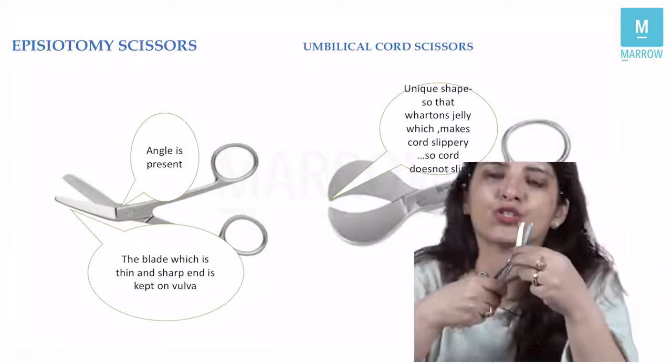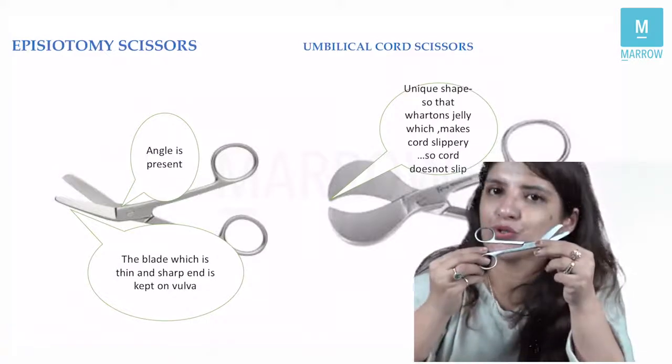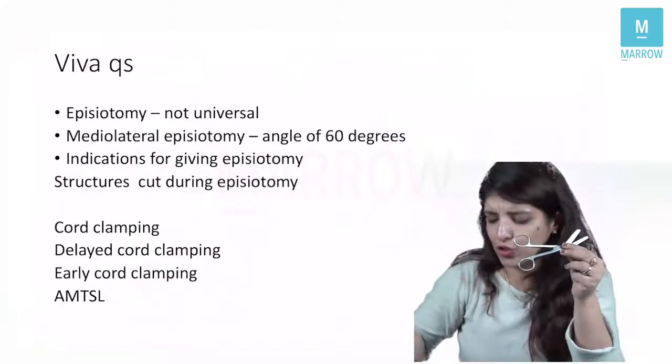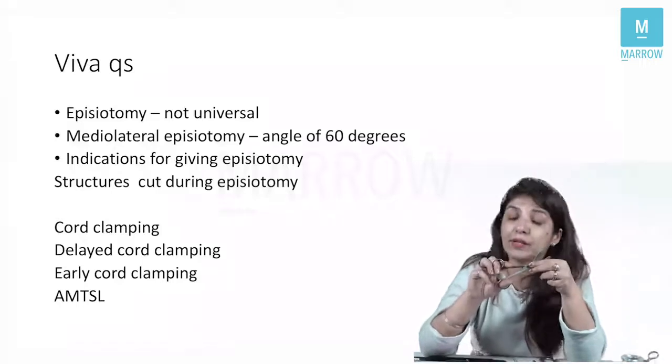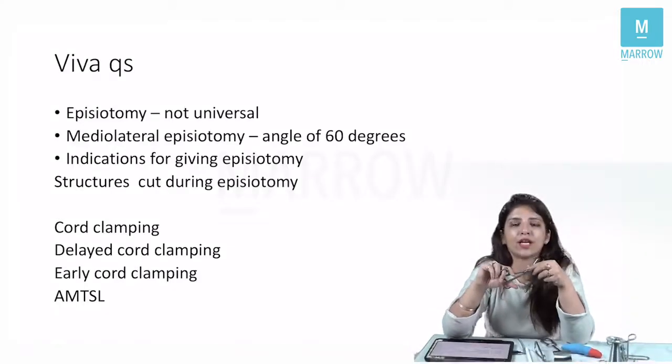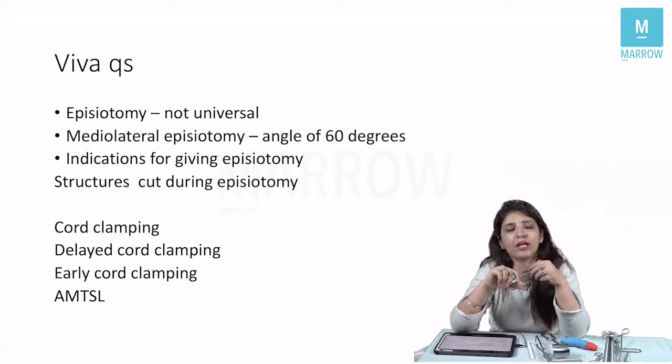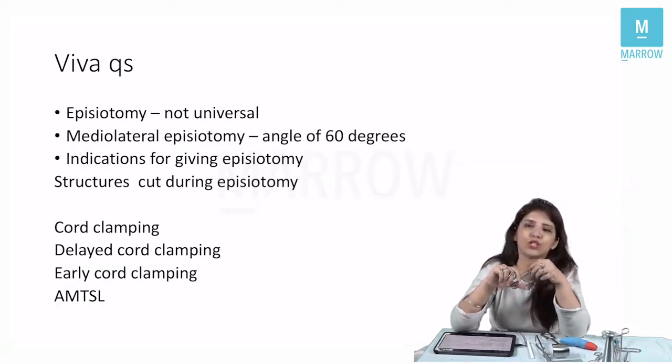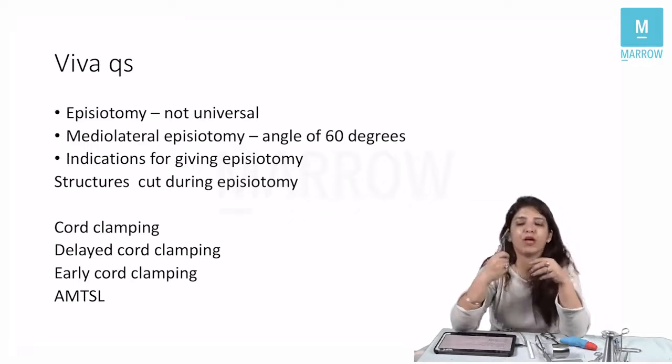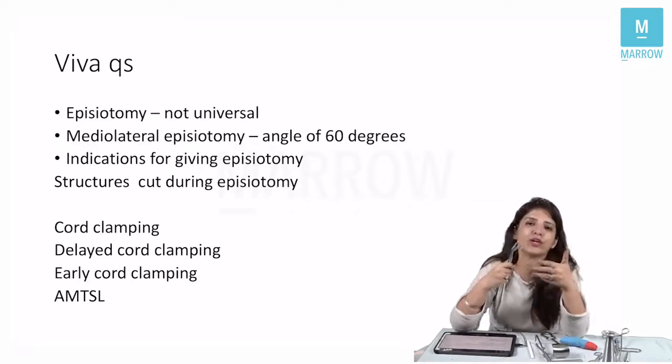Now, when they give you this episiotomy scissors in the hand, a number of questions can be asked. For example, the examiner can ask you, do you give episiotomy in all patients? You are going to say no, not in all females who are having vaginal delivery do we give episiotomy. Episiotomy should be given only when it is needed.